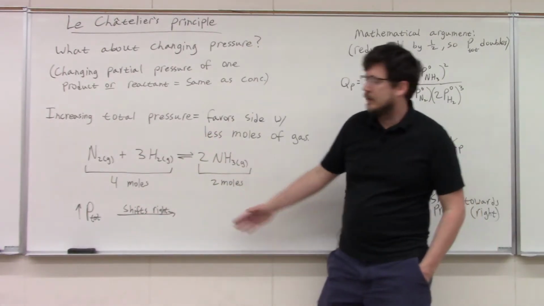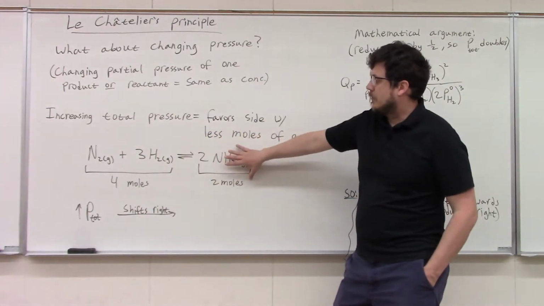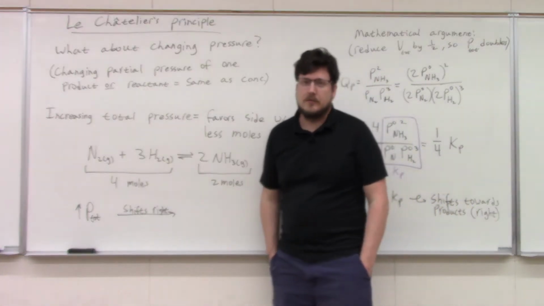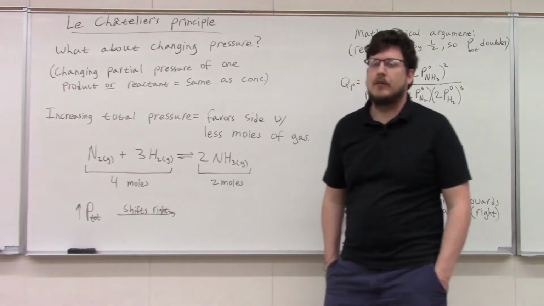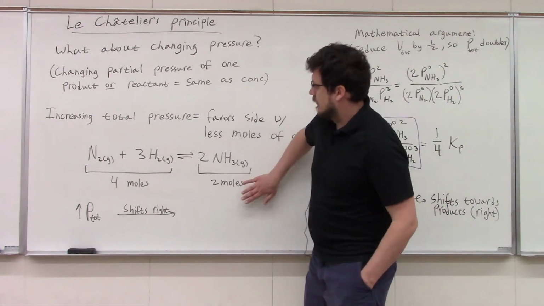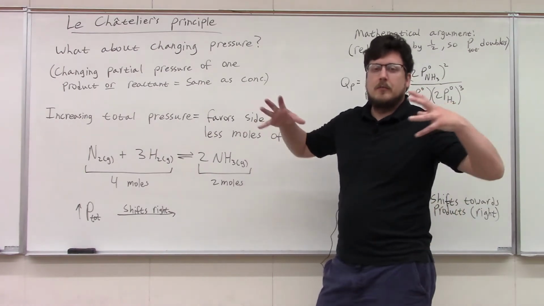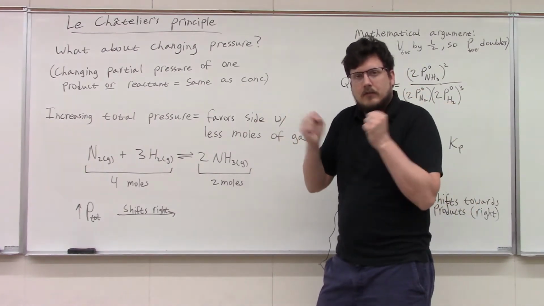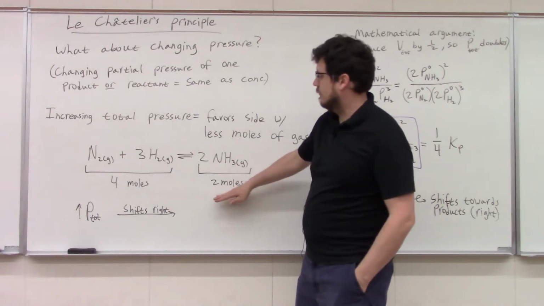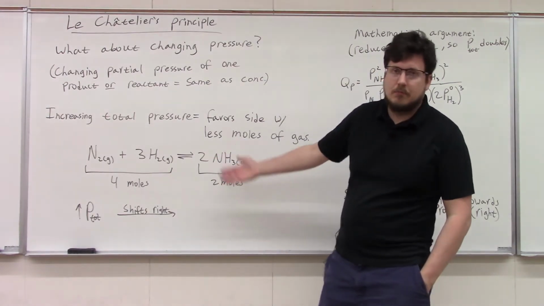So we can cut the number of moles of gas in half by completely shifting to the right. Now that doesn't necessarily happen. You don't get a complete shift unless you really crank the pressure, and then you get a near complete shift. But it's going to favor this side more, because as you compress it, it's going to favor cutting down its commitment on the number of molecules of gas floating around. And to do that, it's whichever side has the least moles present.